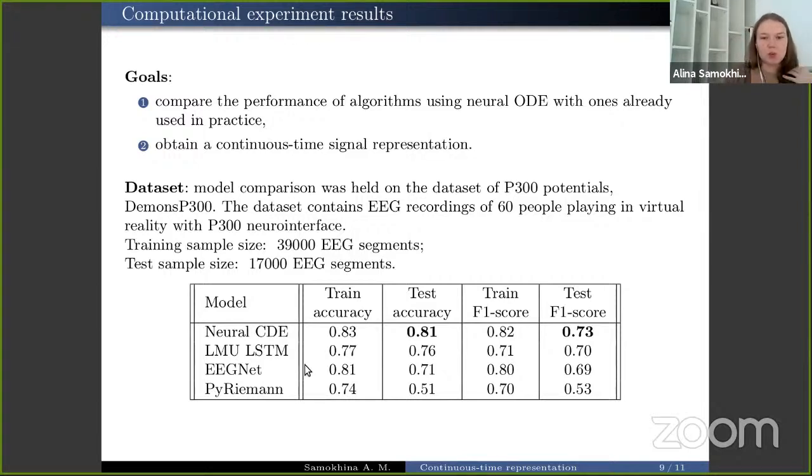So the first 2 models, especially the first one, are better in accuracy and F1 score than the other models.